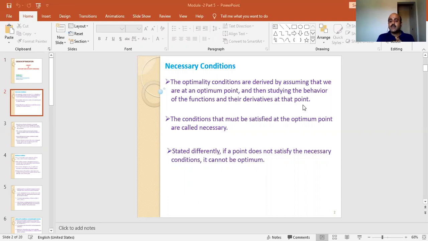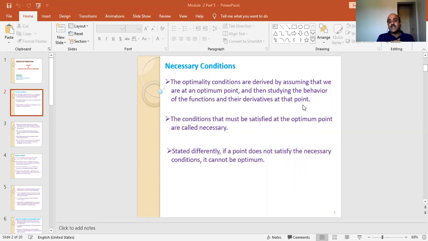The conditions that must be satisfied at the optimum point are called necessary. This is one of the most important statements you should remember. The conditions that must be satisfied at the optimum point are called necessary. Stated in a different way, if a point does not satisfy the necessary conditions, it cannot be an optimum.